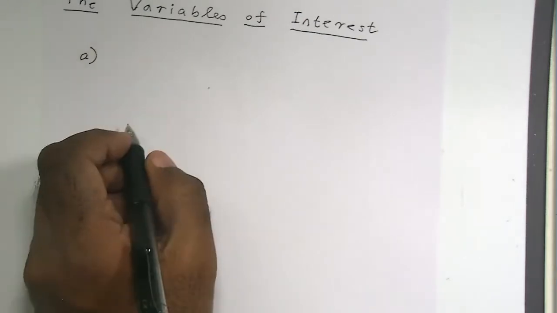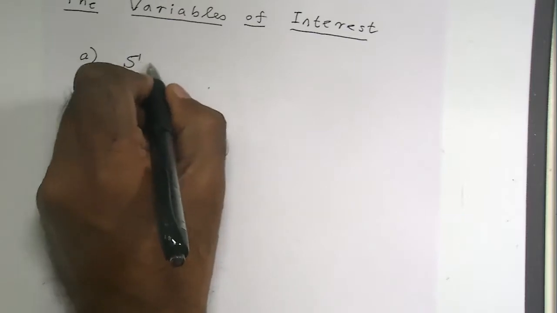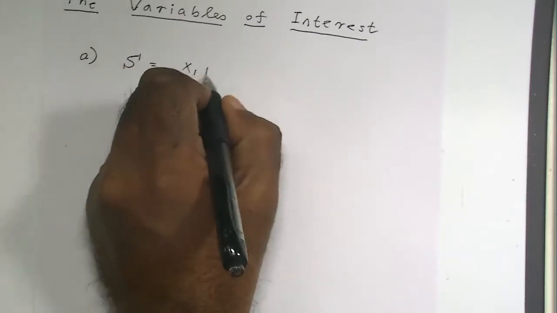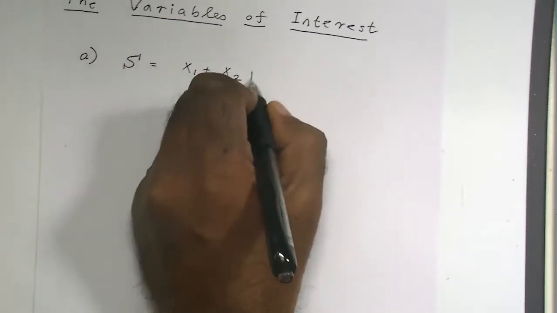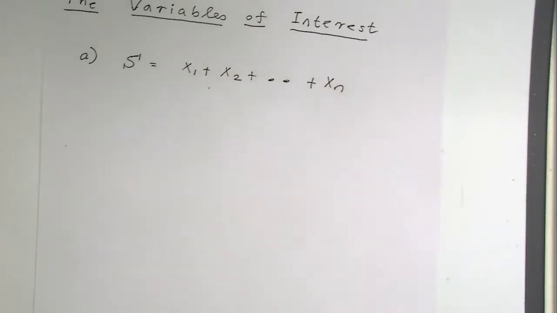Part A is this one. Now what is this? I'm summing all the losses. So what is it known as?